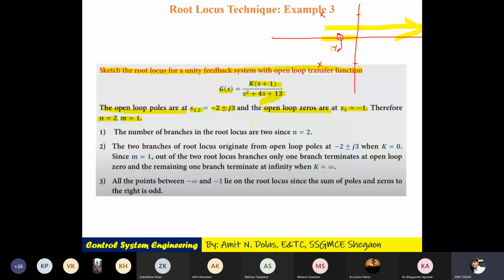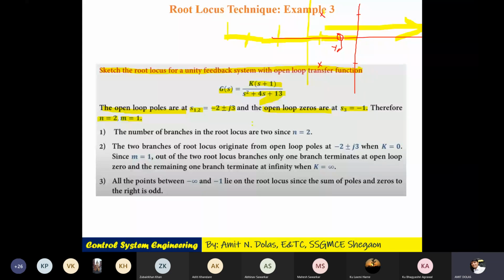Again, just check a test point on the left-hand side towards minus infinity on the real axis. If you take any test point, this or this or this, somewhere, how many poles and zeros are there to the right-hand side? The total number of poles is 2 plus 1 zero, so that will be 3.